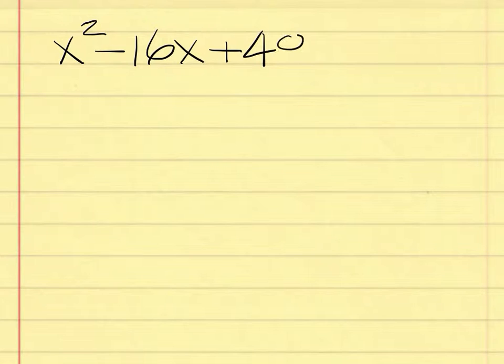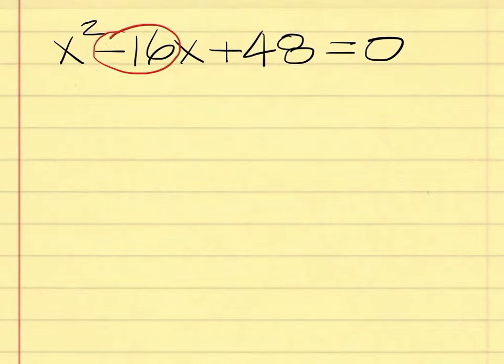This problem is x squared minus 16x plus 48 equals 0. The b is this, negative 16. So you're going to have negative 16, because in the formula it's negative b to start with.